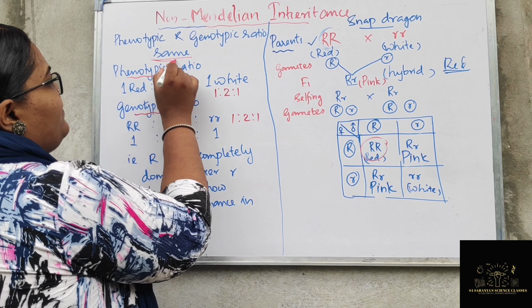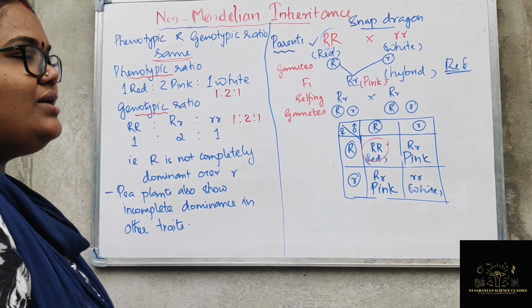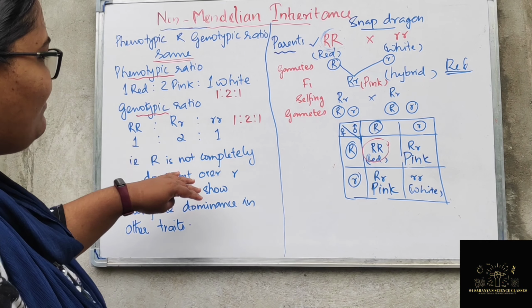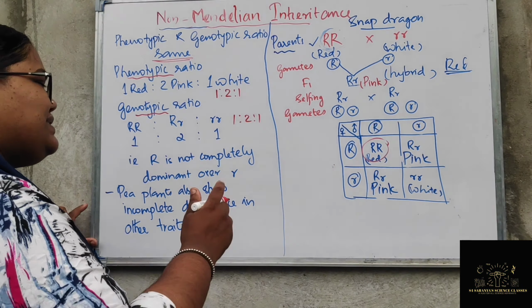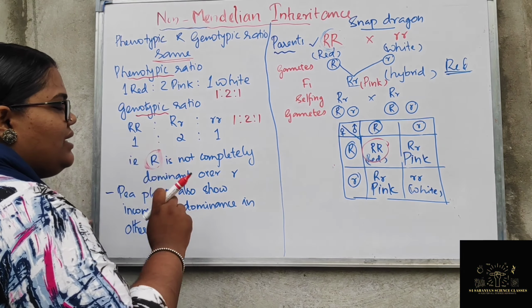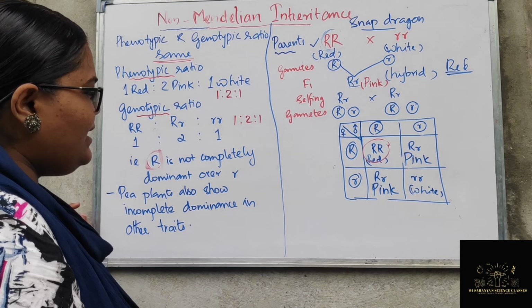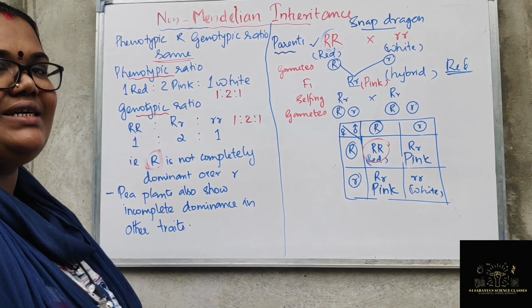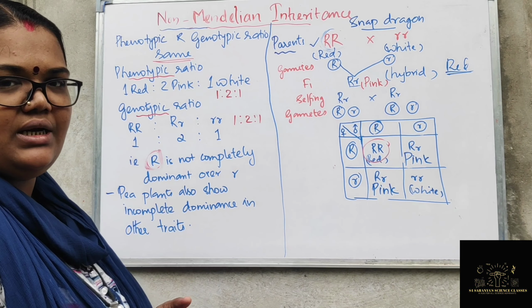So here the phenotypic and genotypic ratio are the same in the case of incomplete dominance. So what we understand from this is that the dominant character R is not completely dominant over the recessive character. So that's why we are telling it's an incomplete dominance.